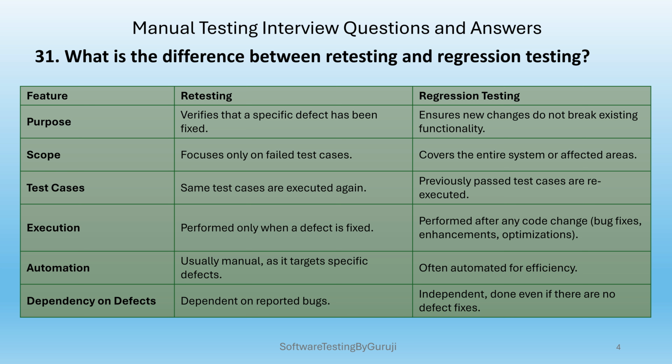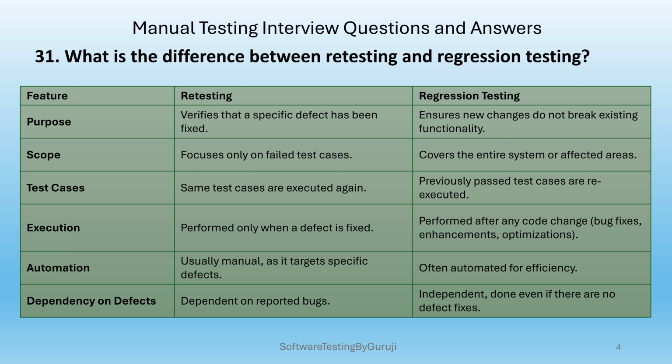Retesting execution is performed only when a defect is fixed. Regression testing execution is performed after any code changes, bug fixes, enhancement, optimization. Retesting automation is usually manual as it targets specific defects.